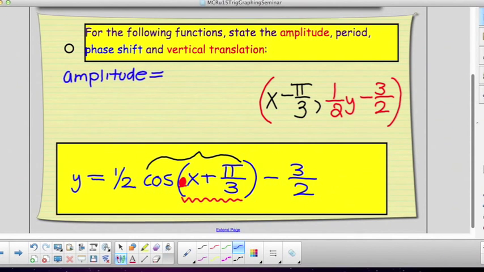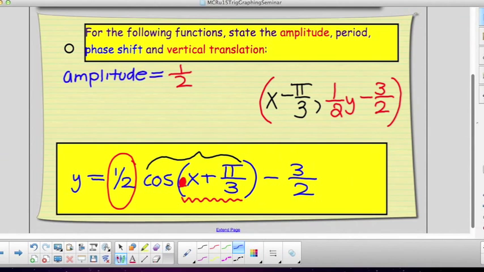Very good. Max minus min divided by 2. However, when you're given your equation, your amplitude corresponds to your a term, the vertical stretch or your vertical compression. So in this case, we have a vertical compression of 1/2. So my amplitude is, everything is going to be compressed vertically.